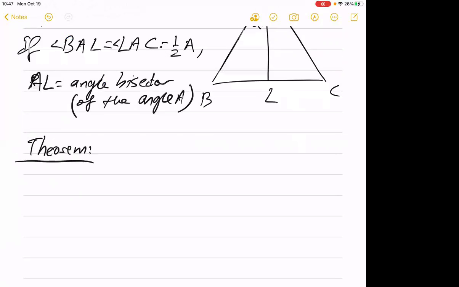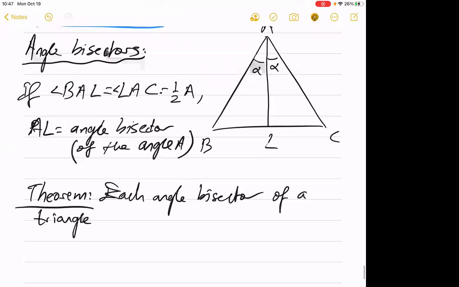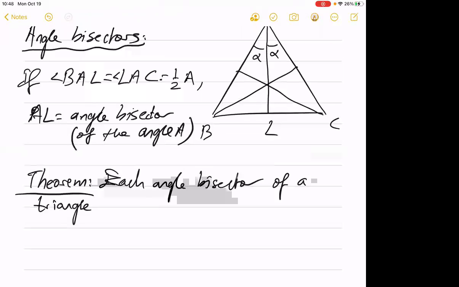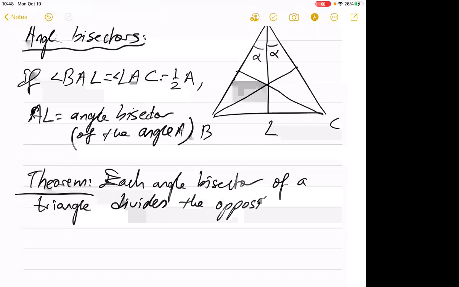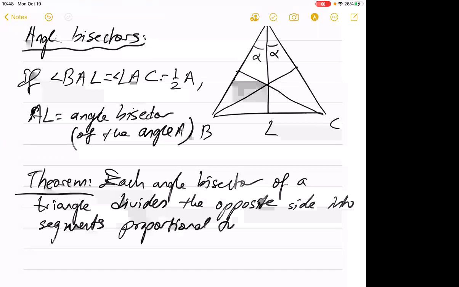The theorem says each angle bisector of a triangle, there are three angle bisectors, one at A, one at B and also at C, so each angle bisector of a triangle divides the opposite side into two segments proportional to the lengths of the adjacent sides.